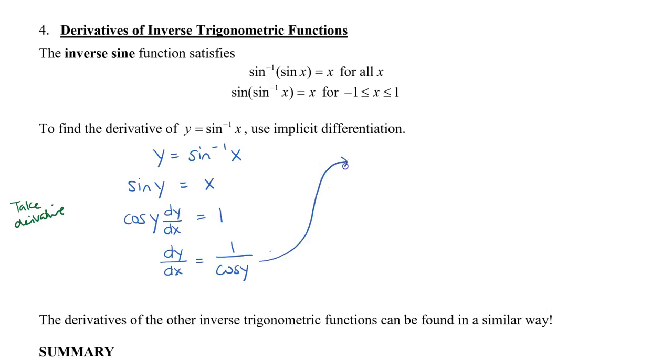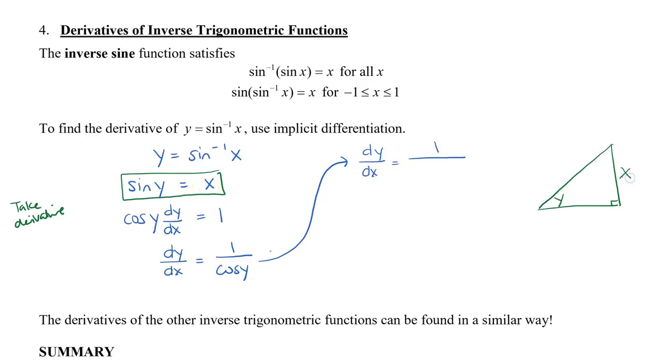Now I'm not satisfied that I have this y in here. So what I want to do is use sine y equals x to draw a right triangle. Sine y equals x means that this angle is y, my opposite is x, and my hypotenuse is 1.